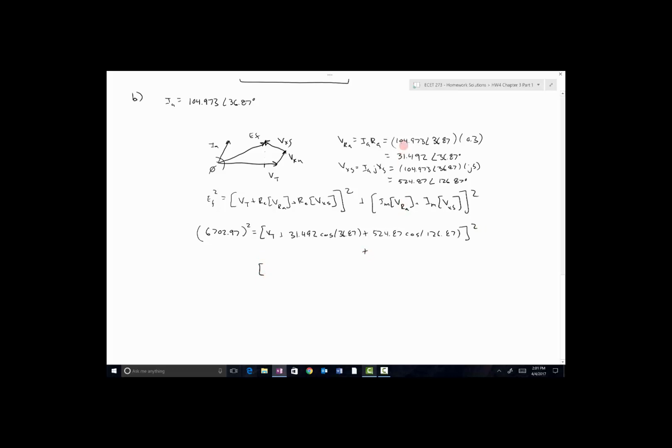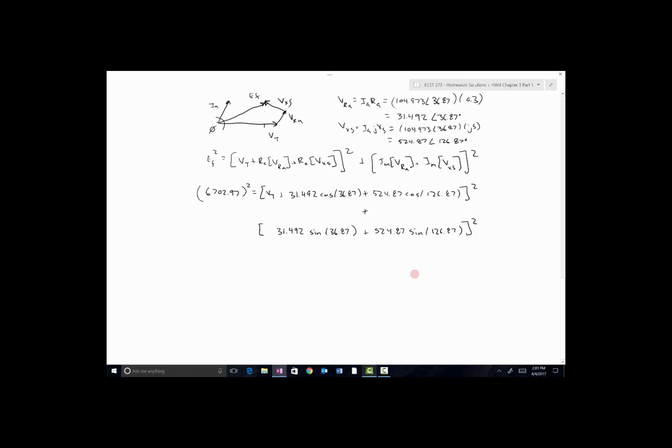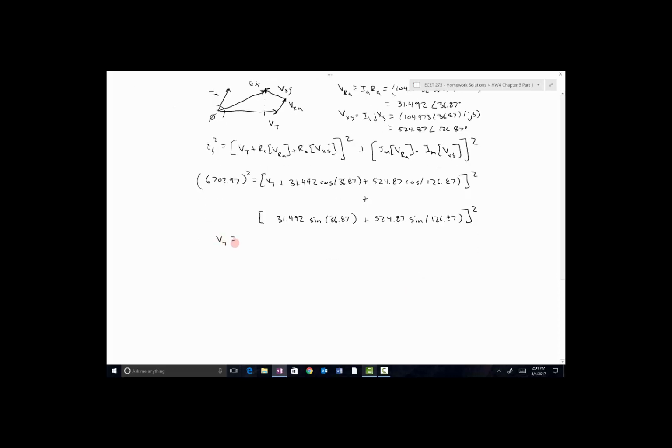And then the imaginary part of this guy is 31.492 sine of 36.87 degrees plus 524.87 sine of 126.87, and then square that. Lots of numbers, but pretty easy calculation. Solve for the terminal voltage. You get 6,978.32 volts for the terminal voltage under that leading load condition, that's for a leading power factor.